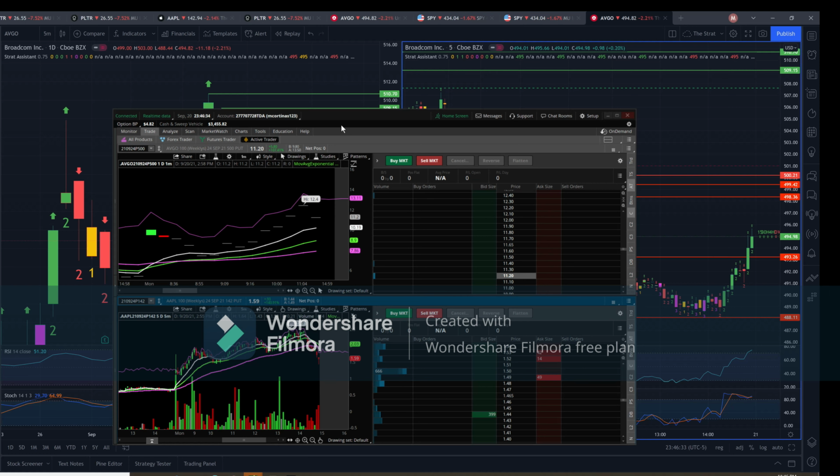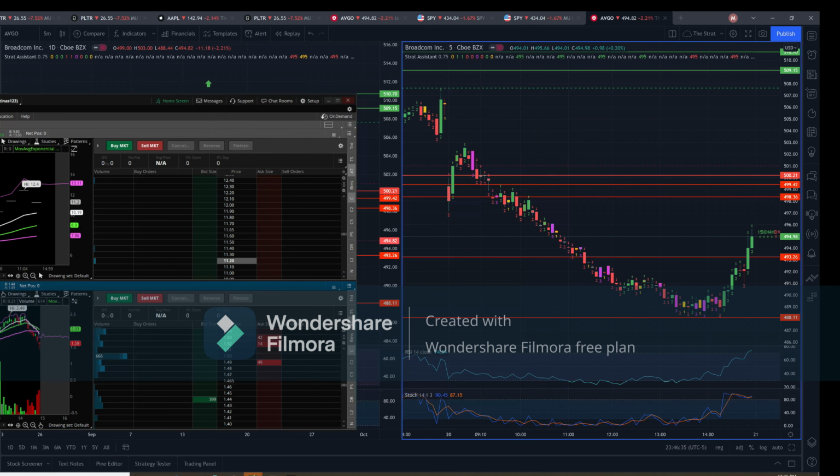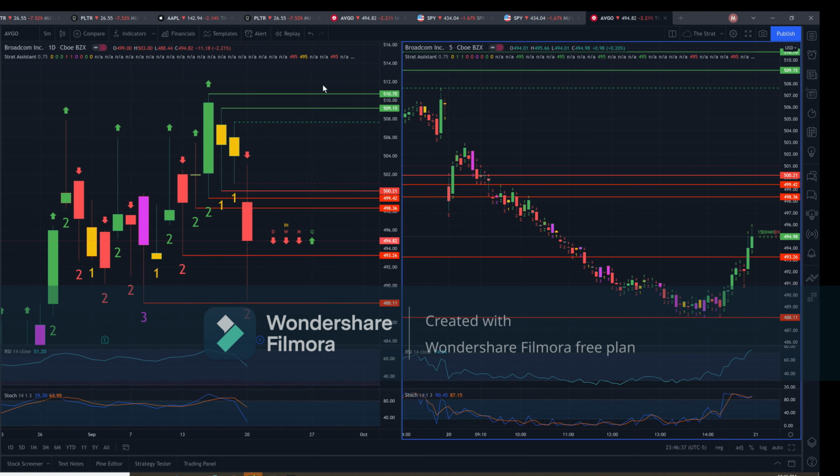So it's a pretty big percentage game right there. You could have played that AVGO all the way down to the bottom until we saw reversal on SPY.